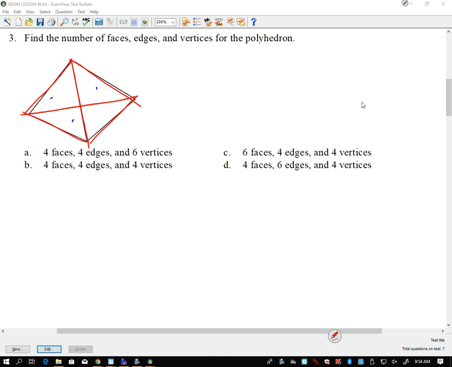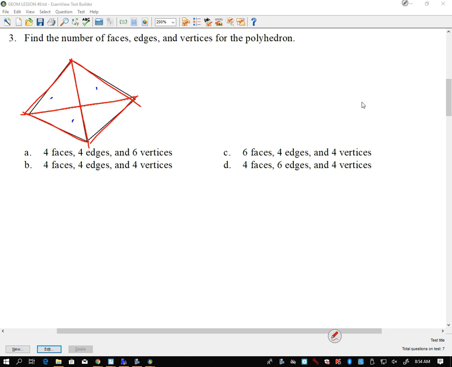What's that? Counted as 8 edges? Yeah, you know how they come up to the tip. Each edge ends at a vertex.